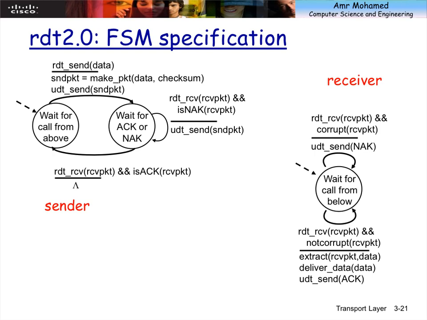Yes. And I know that there will be an error in the channel. So why don't I have RDT, reliable data protocol, to receive the acknowledgement? The same as earlier, no?